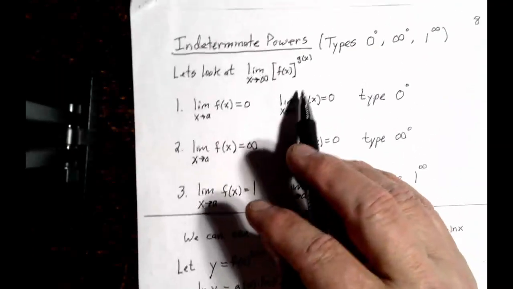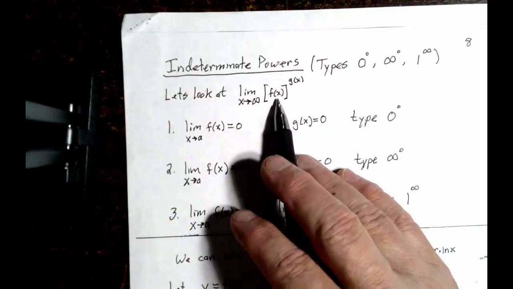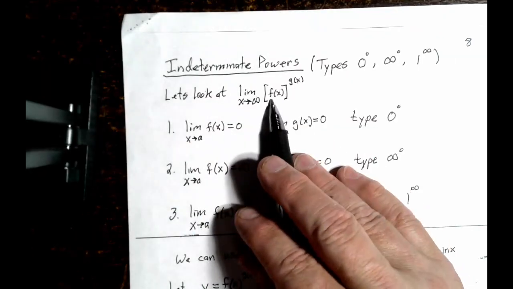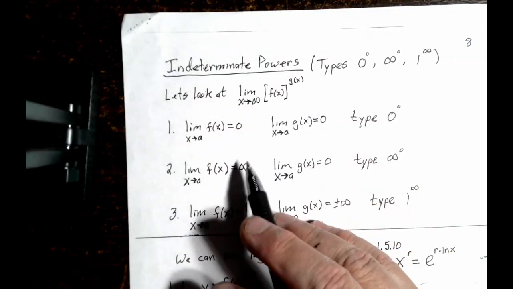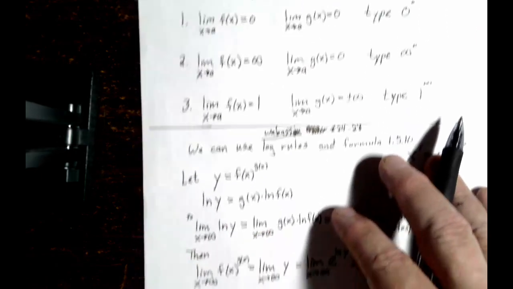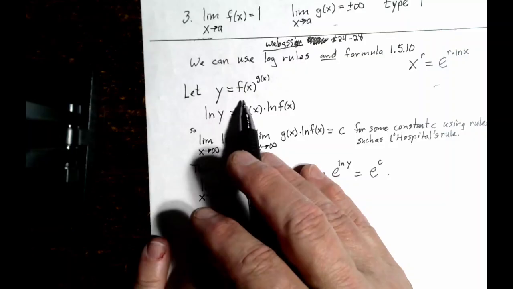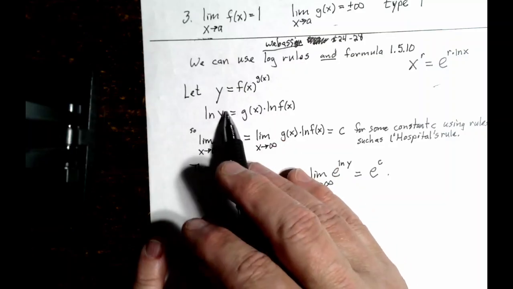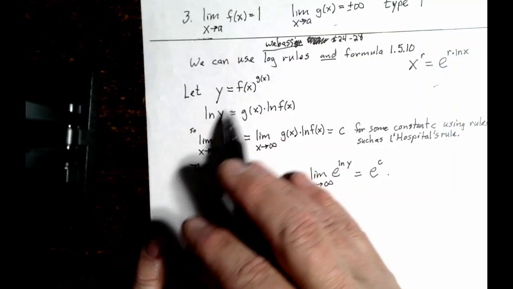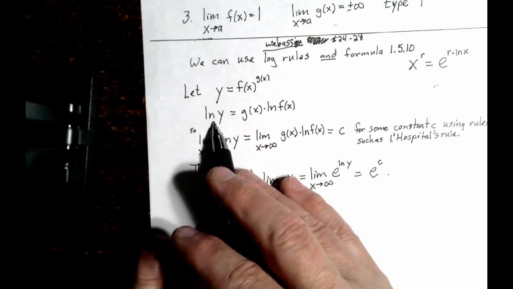Here's one where if you've got problems of the form f raised to the g, where both f and g are functions of x, you can rewrite it. And here's what you do. You start out with letting y equal the function f raised to the g, and then you take the natural log of both sides. And when you take the natural log of y, you get ln of y.